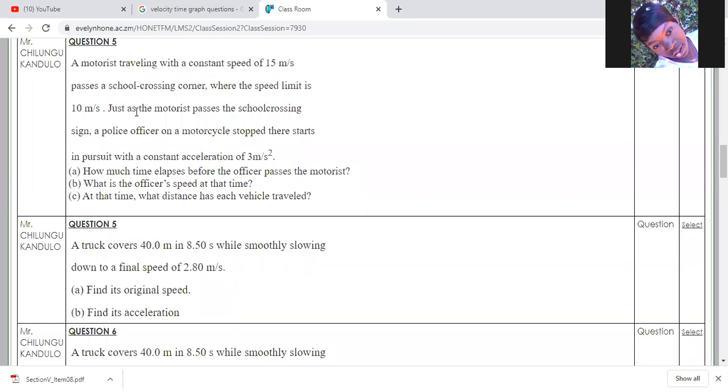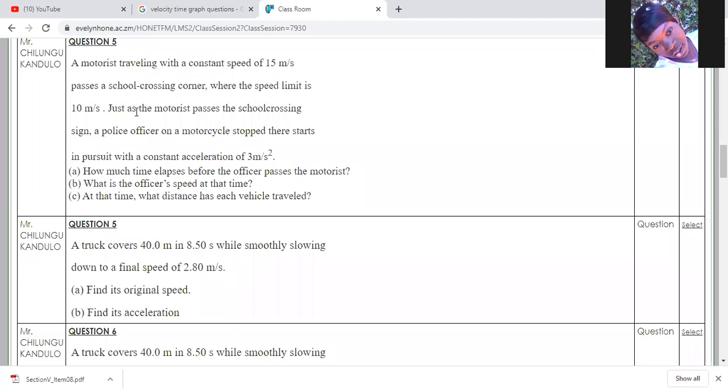If someone is not accelerating, in the displacement function delta x equals v naught t plus at squared over 2, the acceleration is 0. When someone is moving at a constant speed, then the acceleration is 0.